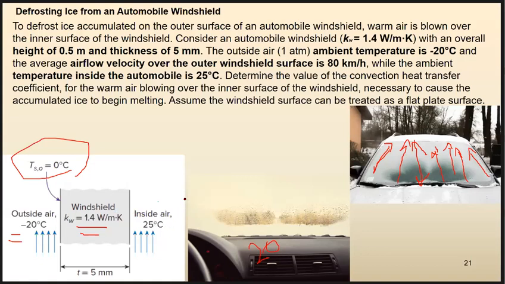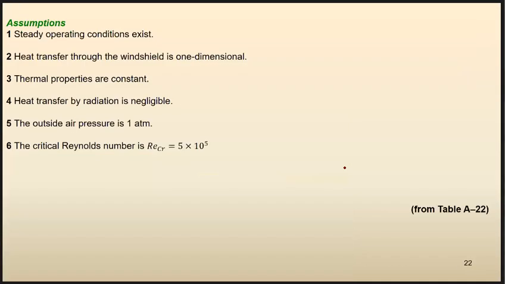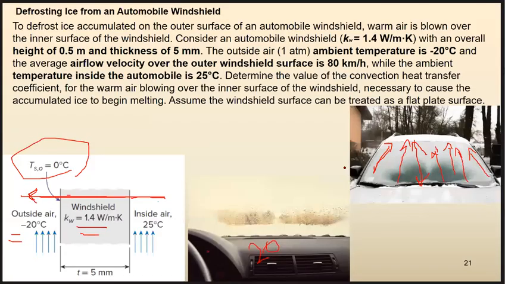Let's see how we solve this problem. First of all, we assume steady state, one-dimensional heat transfer. So you have heat transfer in this direction, and the flow is constant at this part and at this part, so we have a uniform flow of heat. Also, as I said, it is steady state. Thermal properties are constant. So we are given some properties, constant conductivity, and we're going to calculate the convection heat transfer coefficient.